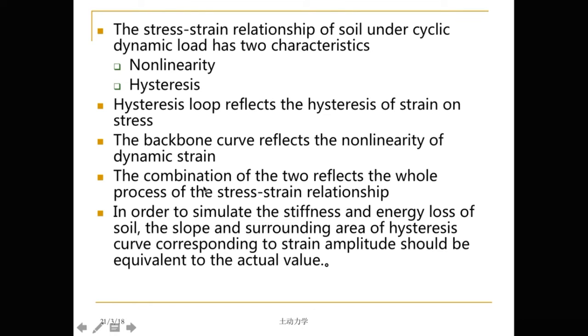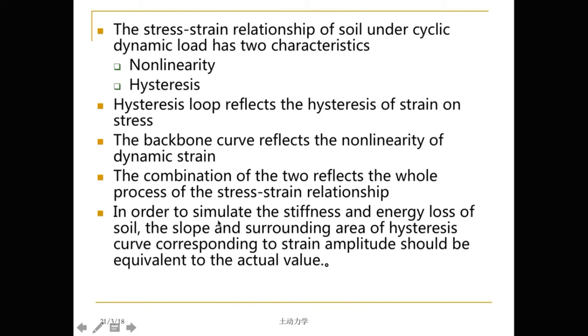The combination of the two reflects the whole process of the stress-strain relationship. Let's say there are two branches, an unloading branch and a reloading branch.